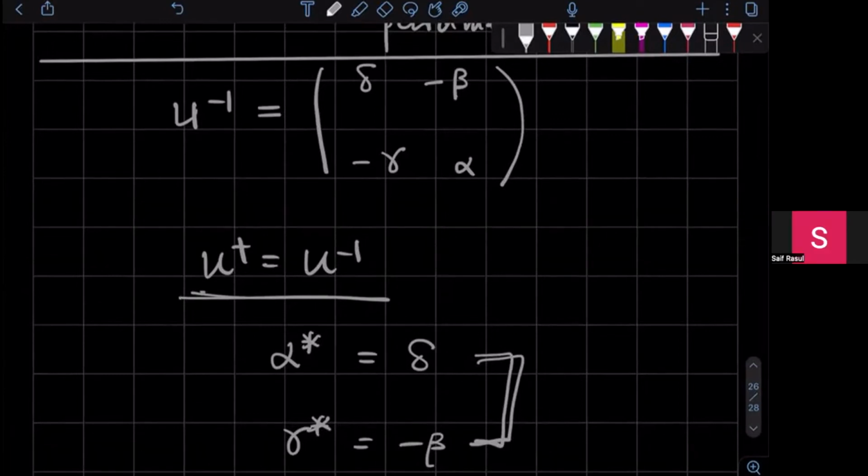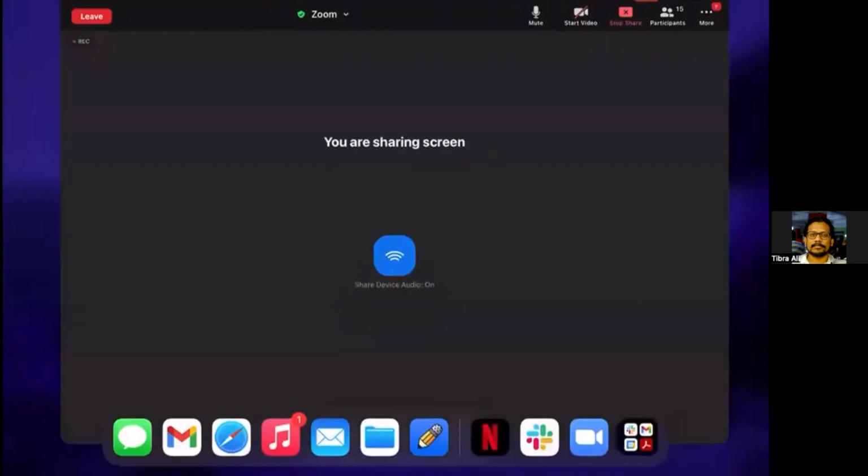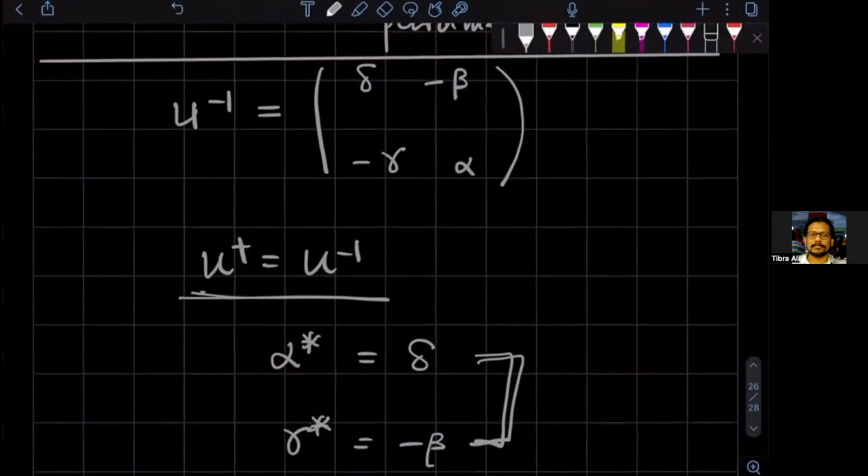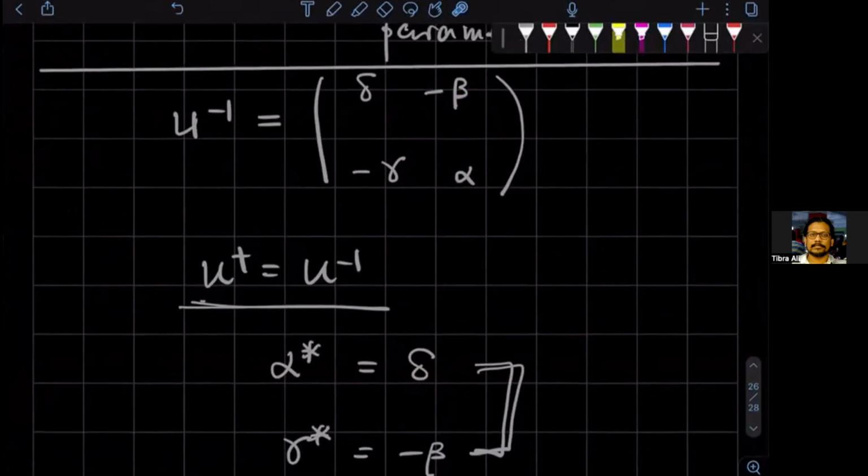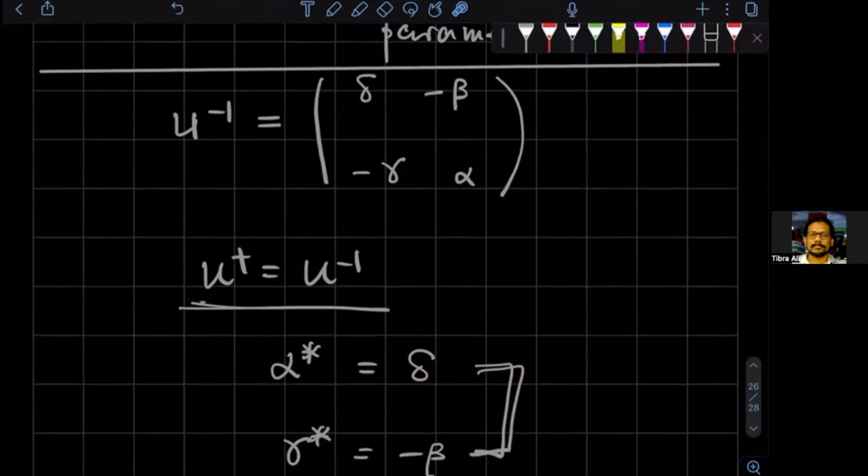So I am starting with U inverse. Using the formula for the inverse of a matrix, I can write U inverse in this way, right? Do you understand where this formula came from?